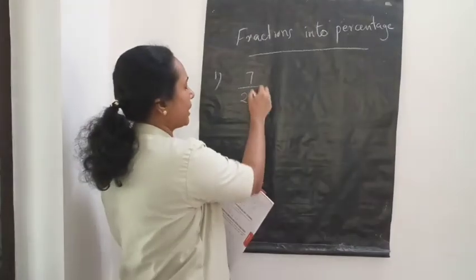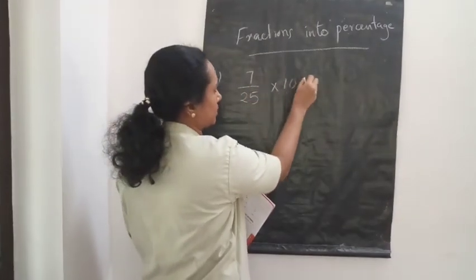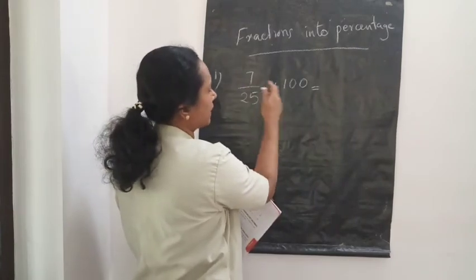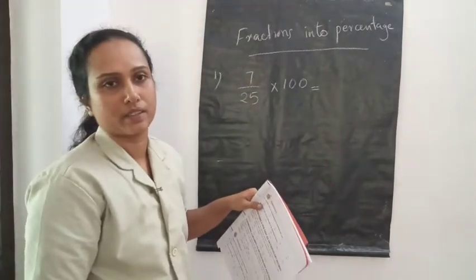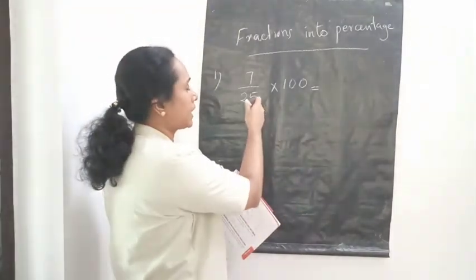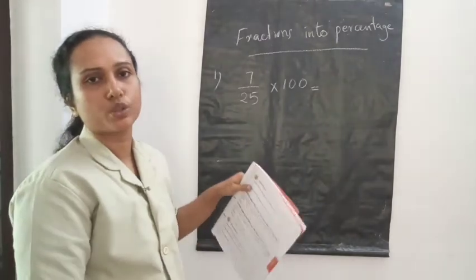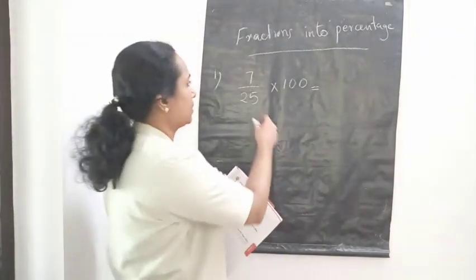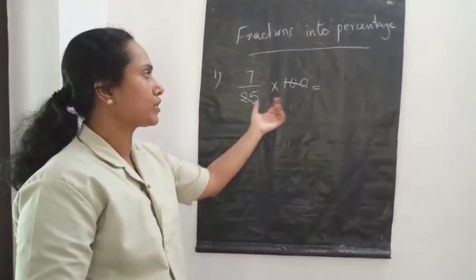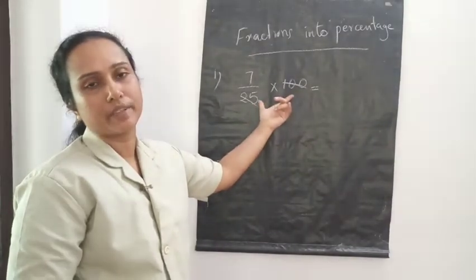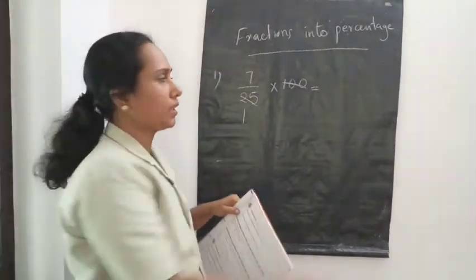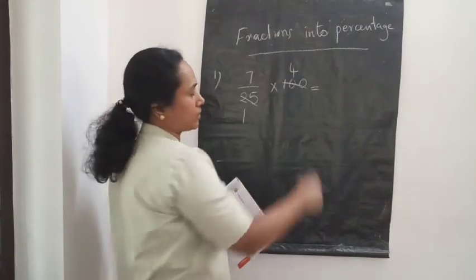Then 7 by 25 into 100 is equal to, here 7 and 100 are the numerators and 25 is the denominator. Then we can divide with a common factor. 25 is common in both 25 and 100. In 25, one time; in 100, 25 four times.